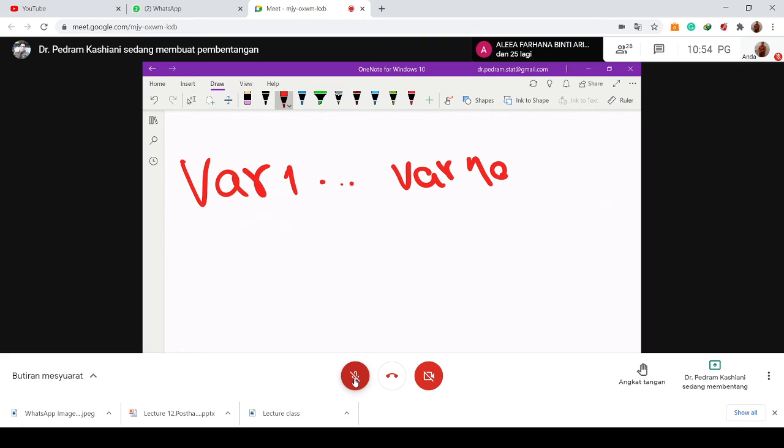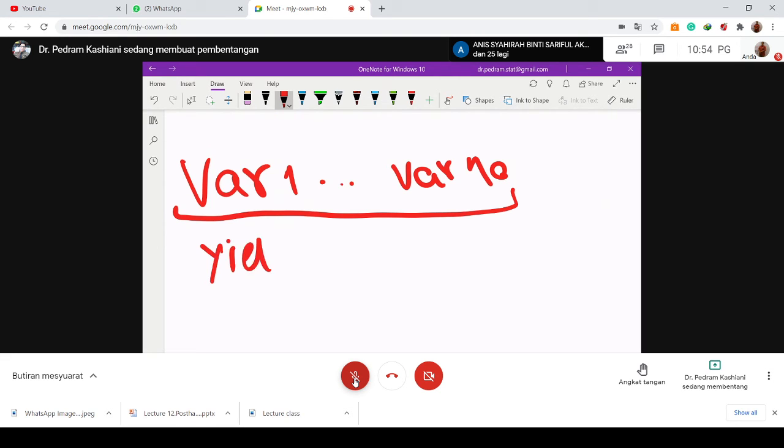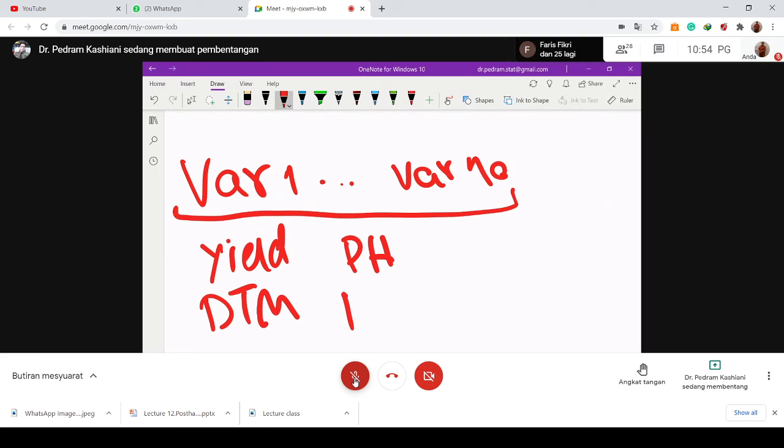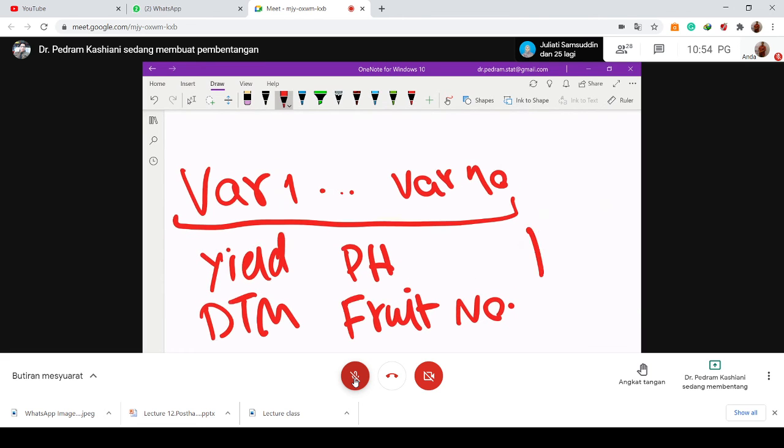From these varieties, I start to collect some data. For example, I collect yield, days to maturity, plant height, fruit number, fruit size, and whatever. Each of these is one variable.